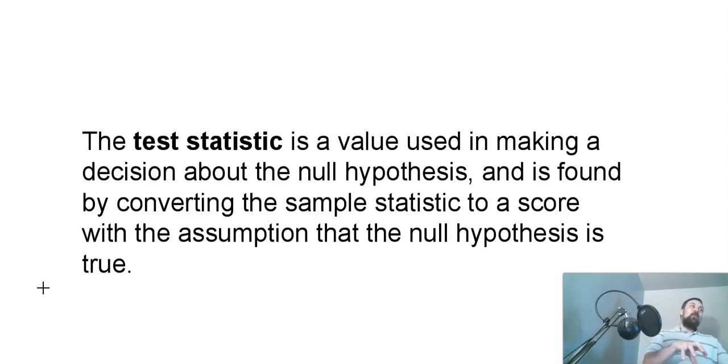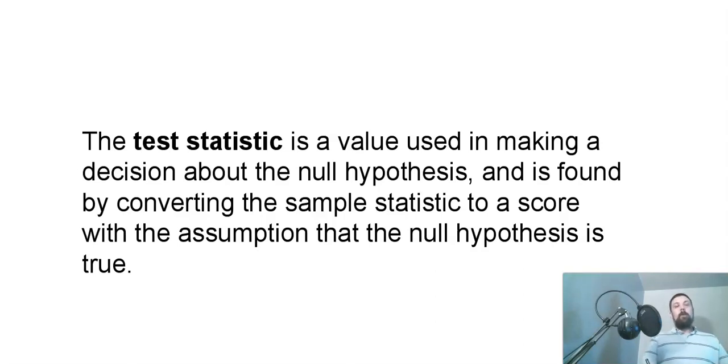If we get a reasonable value for the test statistic, then it seems like we might have made a reasonable assumption, so we can't say that the null hypothesis is false, right? So that's kind of the two conclusions we might come to. The formula will be different if we're testing a claim about a proportion versus a claim about a mean.